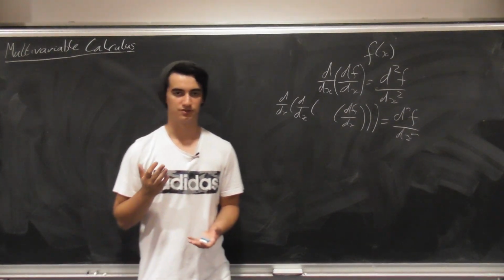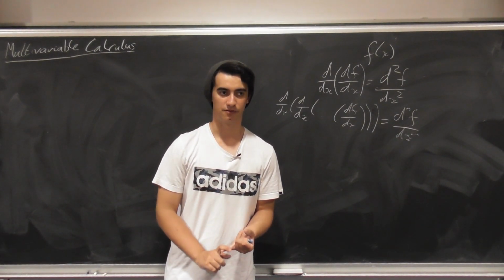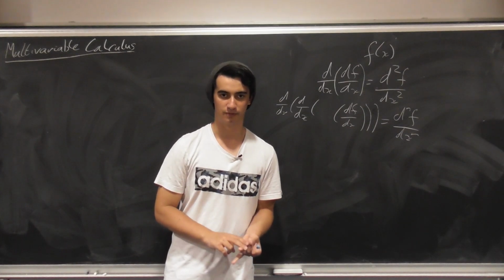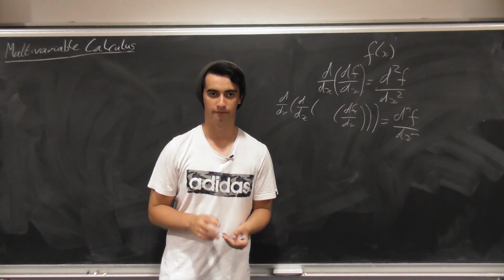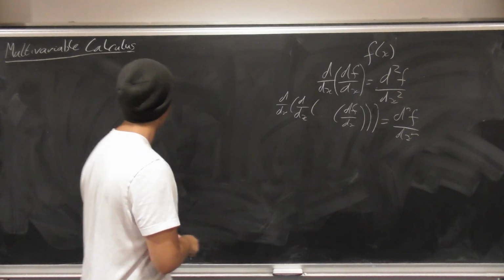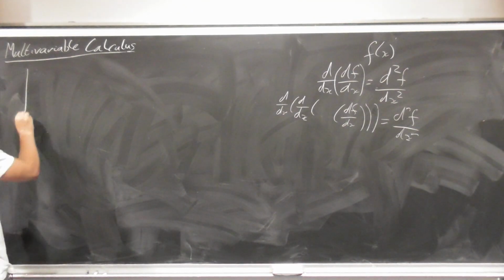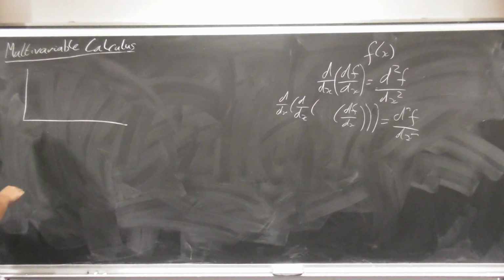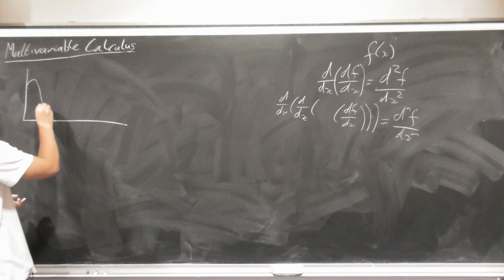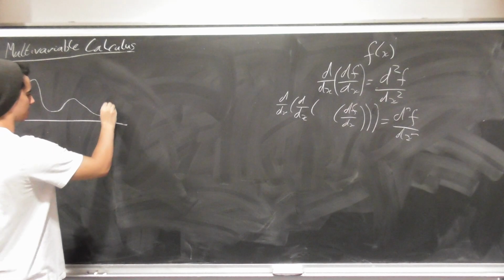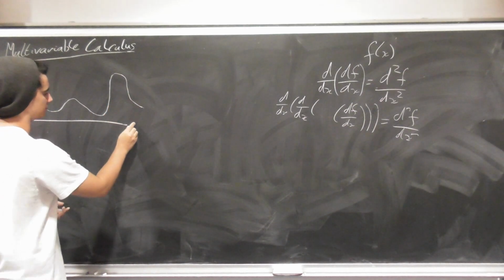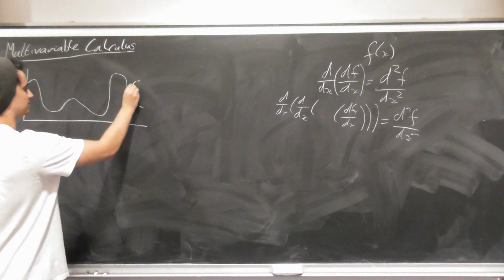And this can be quite useful for trying to find either local or global maxima or minima of graphs. So if we had, say, a graph like this, we'll call this f of x.